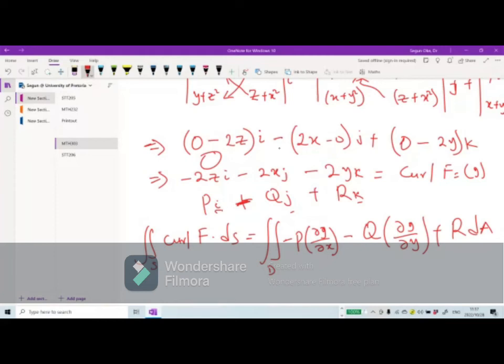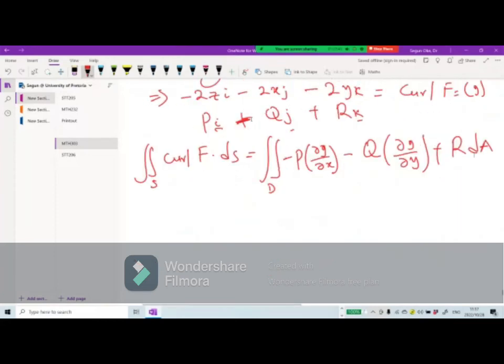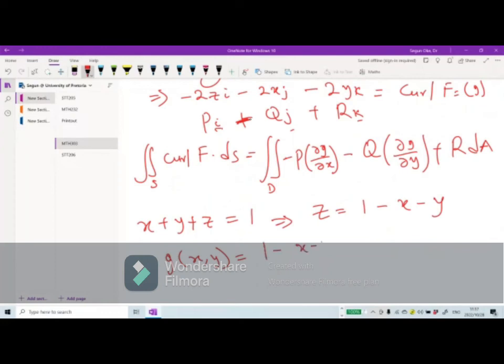Remember that we are going to make our z from here: x plus y plus z equals 1, which implies z will be 1 minus x minus y. So meaning that g of x comma y is the same thing as 1 minus x minus y that we have. So I can easily go, you know your R to be 2y.